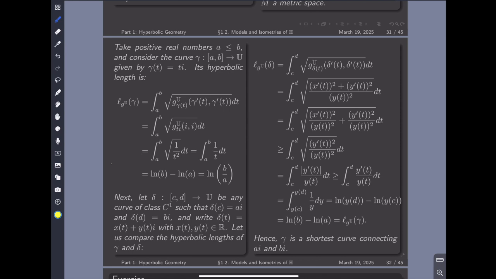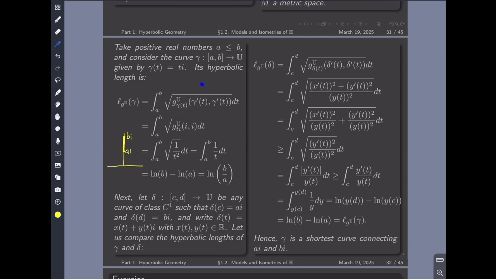Here, I'm sitting in the upper half plane, and there is the part of the imaginary axis that lives inside the upper half plane, and I'm taking ai and bi. I'm asking myself about the hyperbolic length of the segment connecting them.